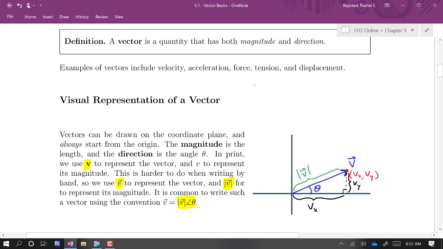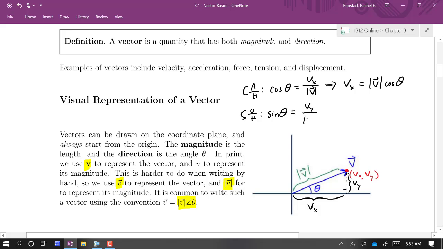And if I use the cosine, cosine theta is Vx over magnitude. If I solve for Vx, we get Vx is magnitude times cosine theta. And if I use the sine part, sine theta, opposite over hypotenuse, is Vy over magnitude. And that means that Vy is magnitude times sine theta.